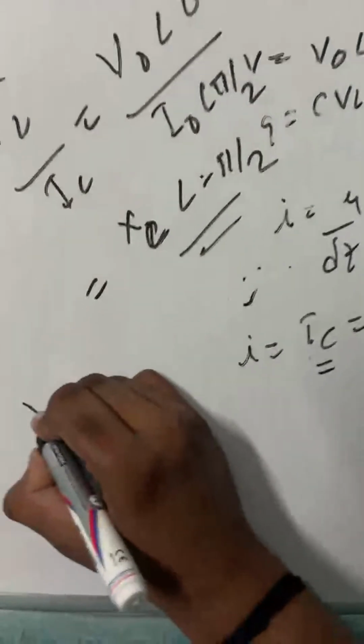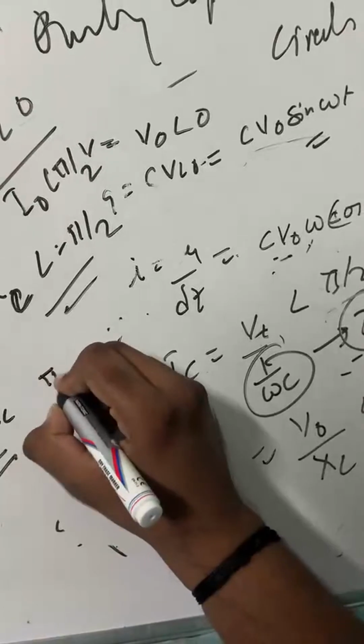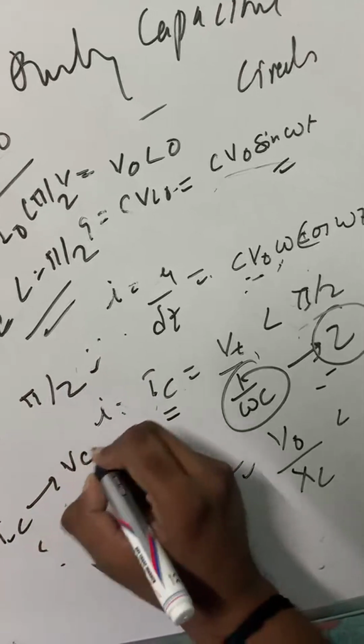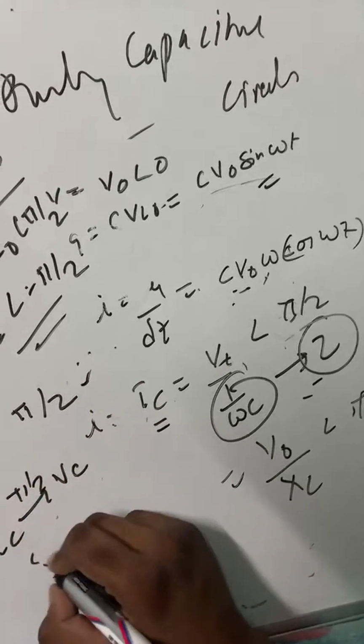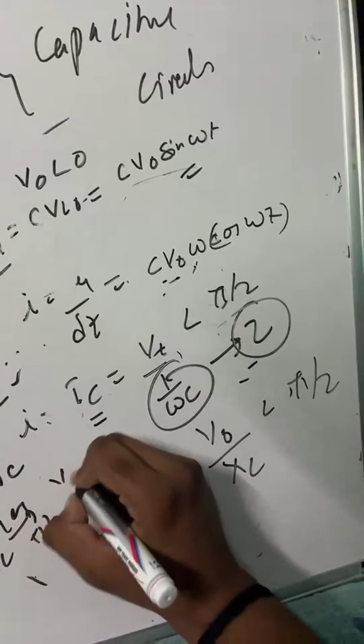So remember this thing, VC and IC will have the same phase difference of pi by 2. IC will lead VC by an angle of pi by 2. XC will lag VC by an angle of pi by 2.